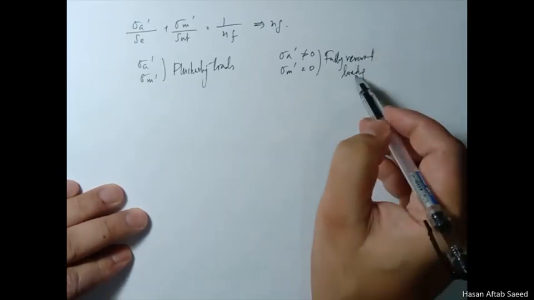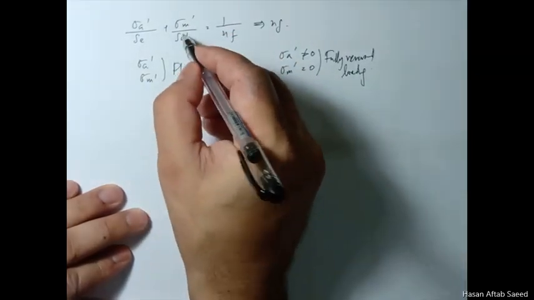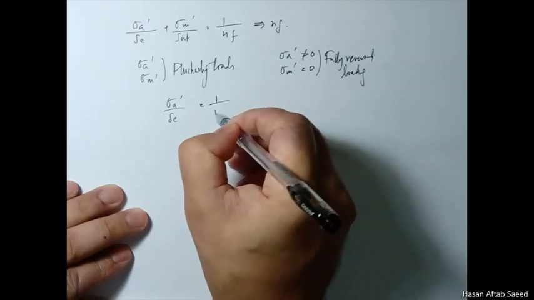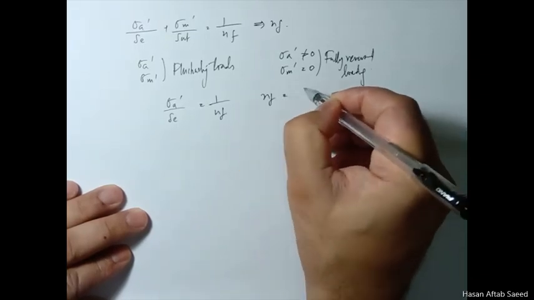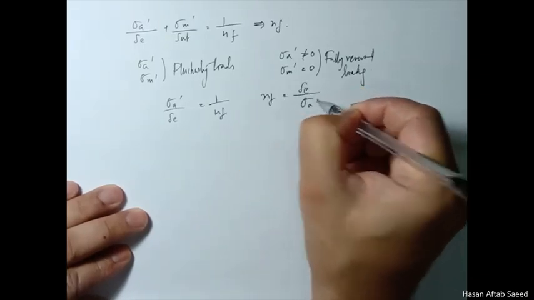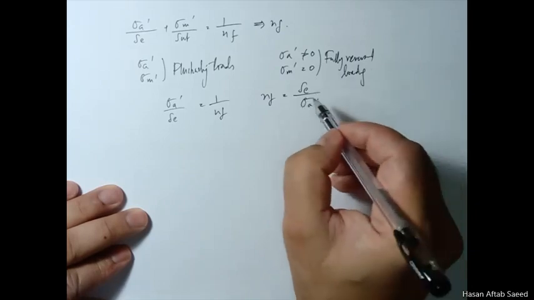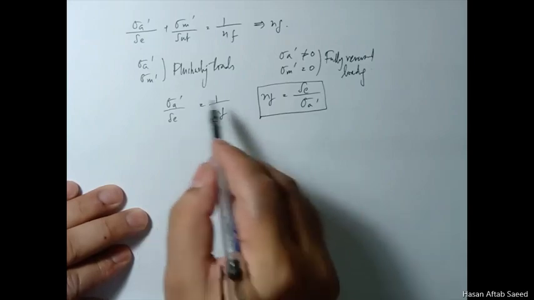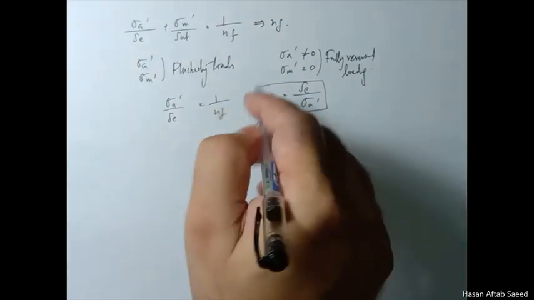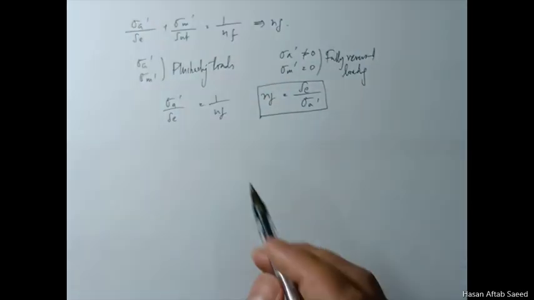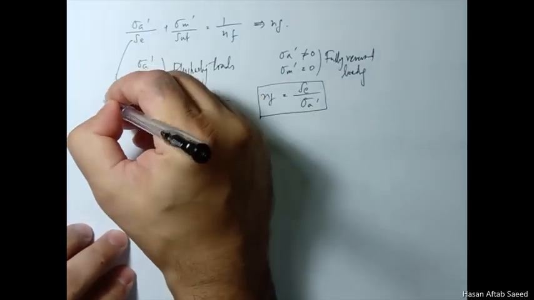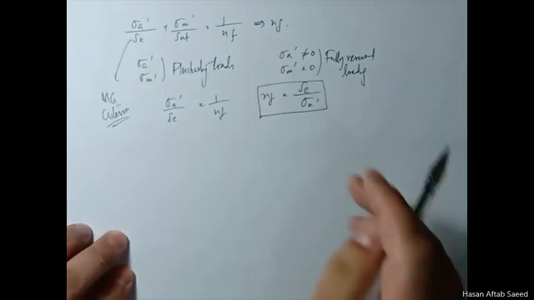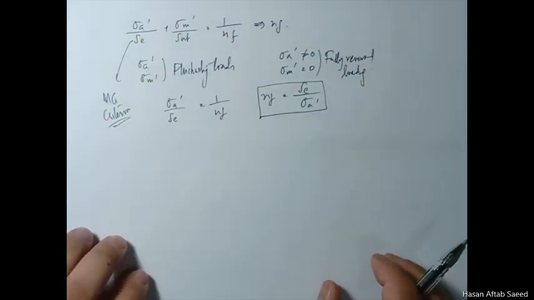In that case, obviously this thing becomes 0, so NF is simply the ratio between the endurance limit and the amplitude component of stress. This is how you apply this, and obviously this is the modified Goodman criterion, but the thinking is the same when you use the Gerber and other criterion.